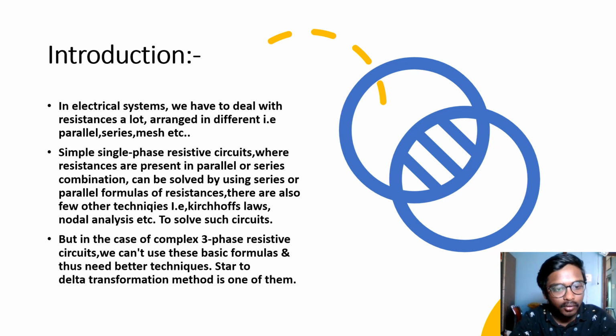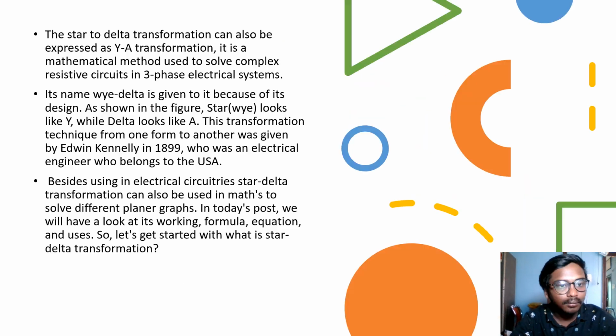There are also a few other techniques like Kirchhoff's law, nodal analysis, etc. to solve such circuits, but in the case of complex three-phase resistive circuits, we cannot use these basic formulas and thus need better techniques. Star to delta transformation method is one of them.